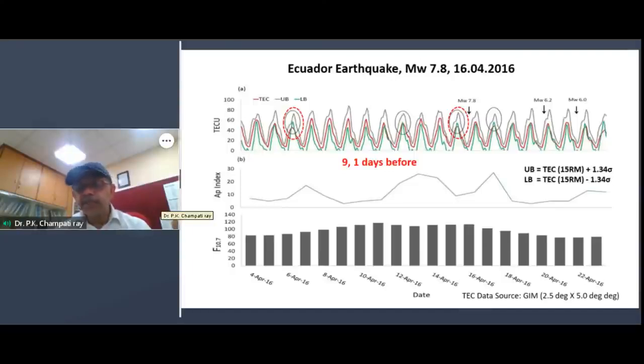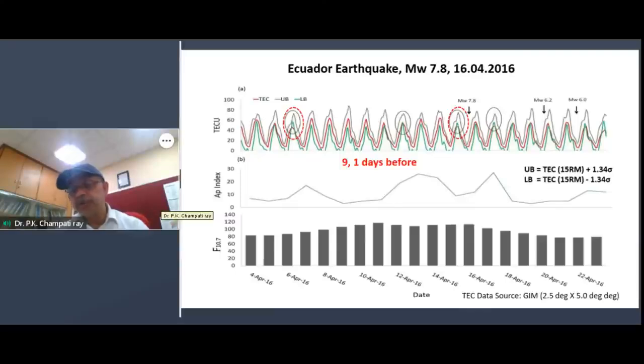Using this, the electron content plus 1.34 standard deviation and minus 1.34 standard deviation, we have a lower bound and an upper bound. When we plot our electron content, sometimes it will go beyond the lower bound and upper bound. The lower bound and upper bound are decided based on the previous 15 days of data, and this is a moving average kind of thing.